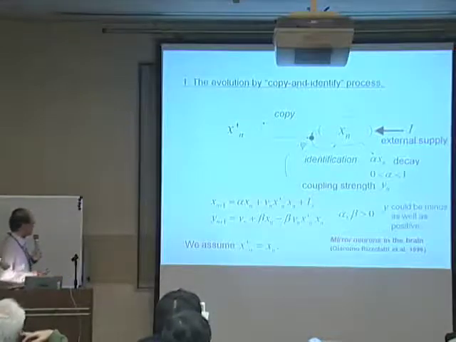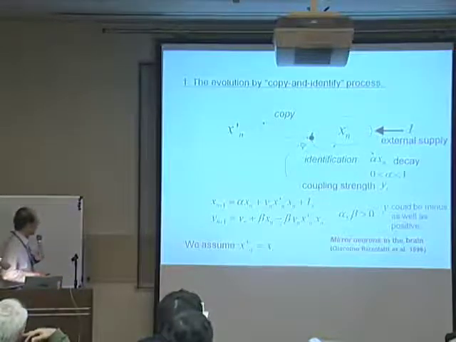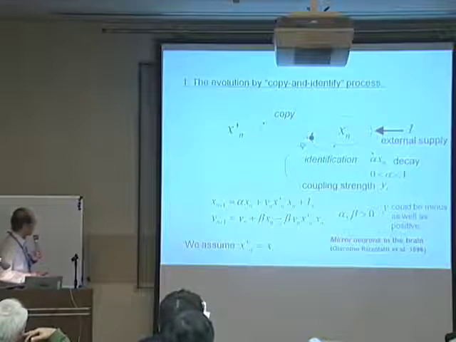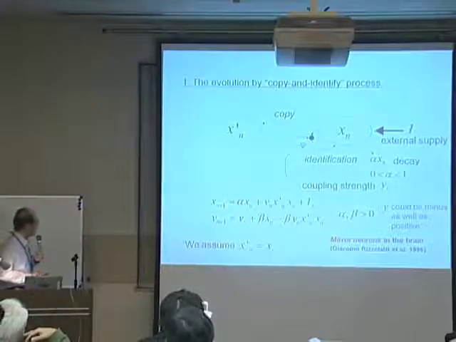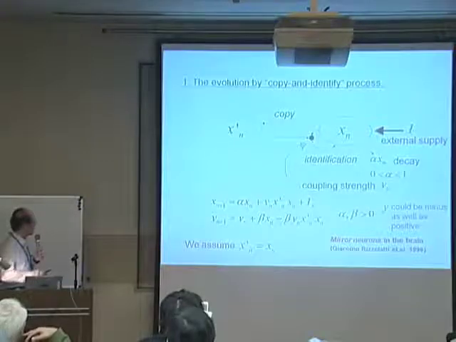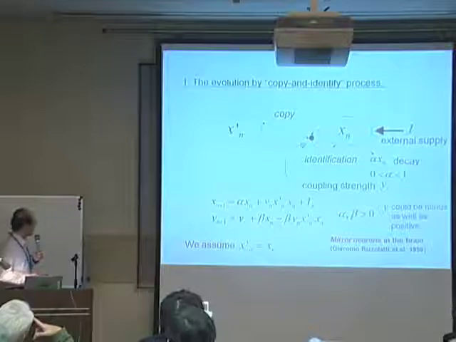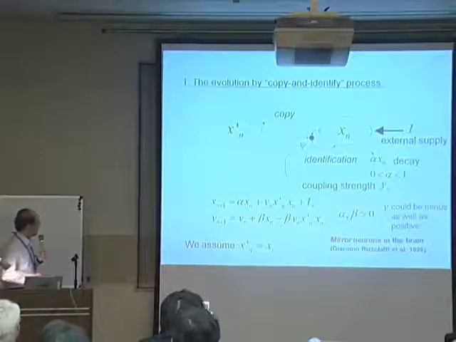So the equation of motion is something like this. The X variable decays by itself, but it is sometimes enhanced or sometimes depressed by the interaction terms, depending on the sign of the Y variable, or the interrelationship between Y and X and X prime, and the external supply here.